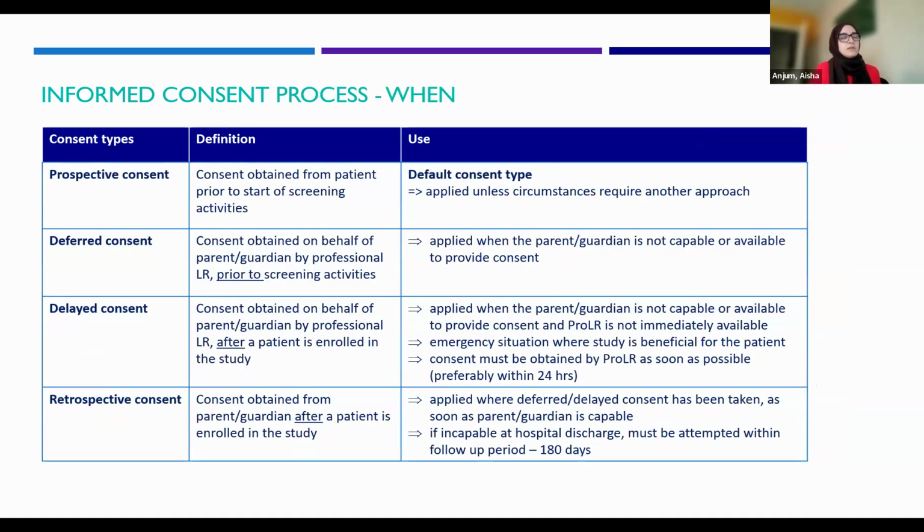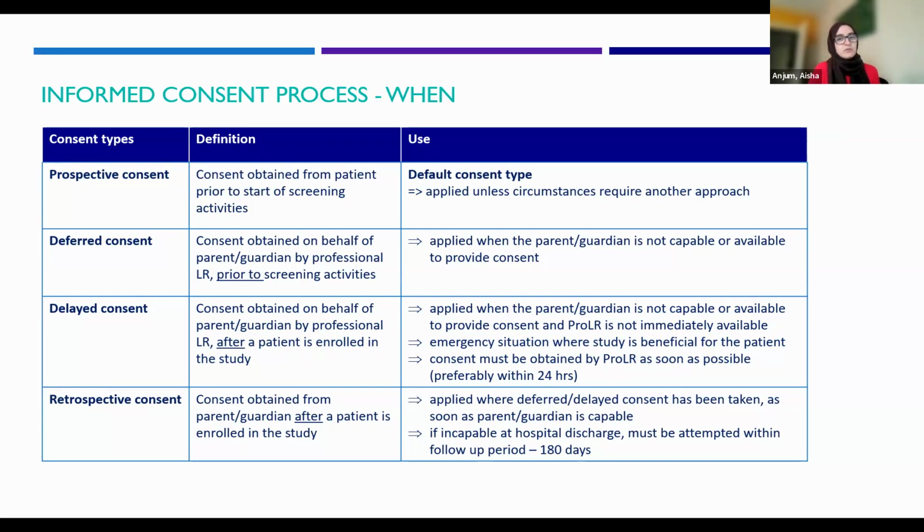So consent can be taken prospectively before the patient is enrolled, or it can be taken by the parent and guardian. If they are en route, for example, we can do that by telephone. If they're not available, then we would approach the professional legal representative.